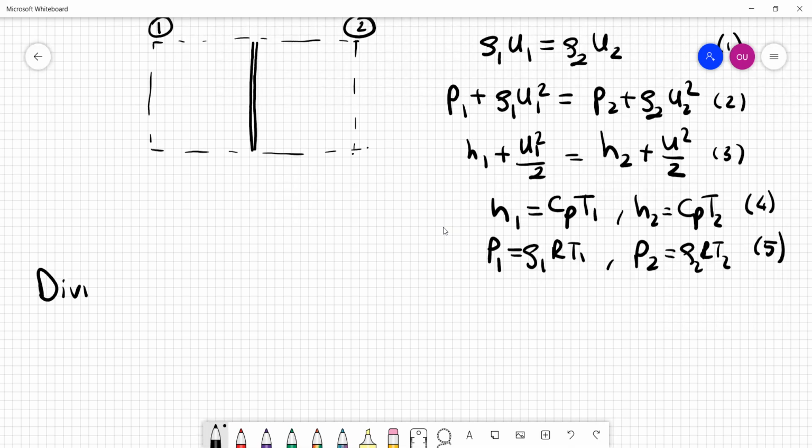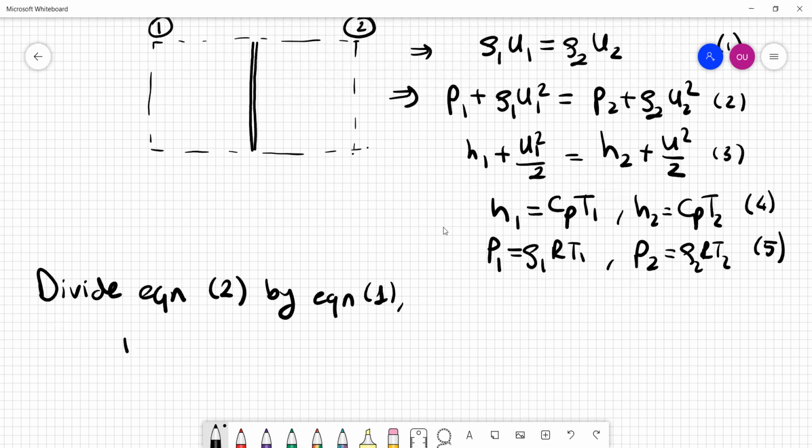So divide equation 2, the momentum conservation equation, by equation 1, the mass conservation equation. If I do that, I get this relation: P1 over ρ1 u1 plus u1 is equal to P2 over ρ2 u2 plus u2.